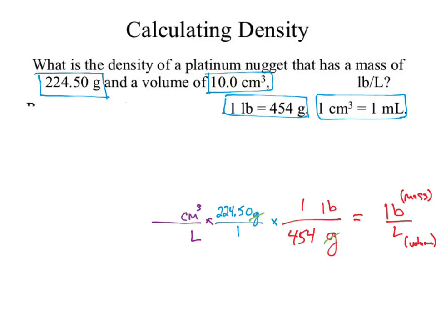No. I know centimeters cubed to milliliters. Liters to milliliters, right? And with that, I also know from the given information, milliliters to centimeters cubed. And with that, I have from my given information, centimeters cubed.